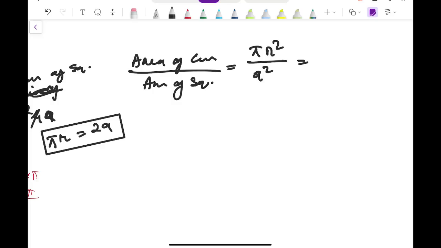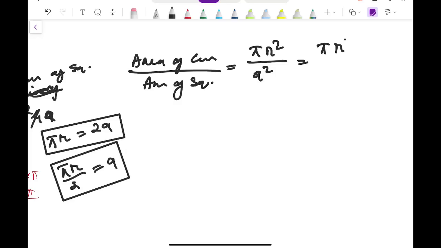It is much easier here. I'll take pi r divided by 2 as a. In place of a, I'll put the value: pi r square divided by a square. A value is pi r divided by 2. Pi r divided by 2 whole square, because it is a square. So in place of a, I'm putting that.